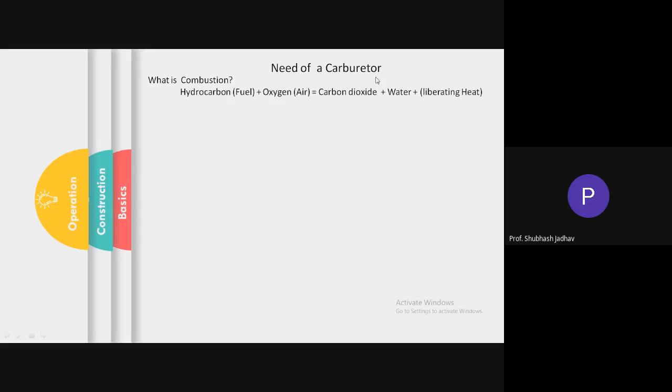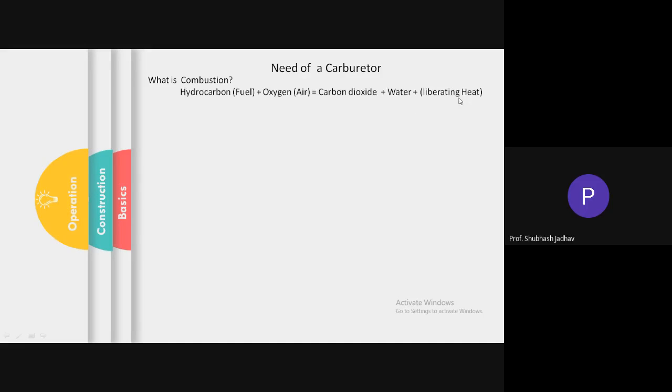The products we get are carbon dioxide and water, and in this process some amount of heat is liberated. So when we are talking about liberating heat, that becomes combustion.